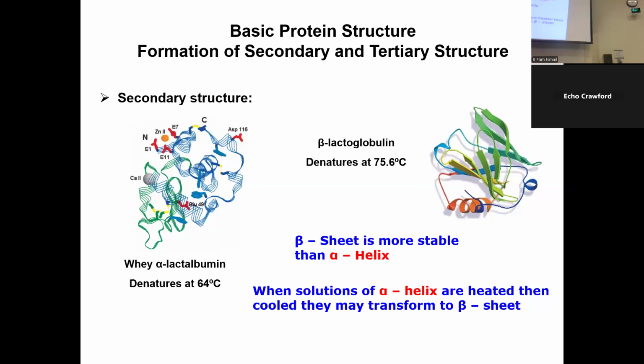Another thing that will happen after thermal treatment is that some of the alpha helixes present will unfold, and then when the protein rearranges to form a stable structure, you might get more beta sheet formation. We can notice this in some examples later on.